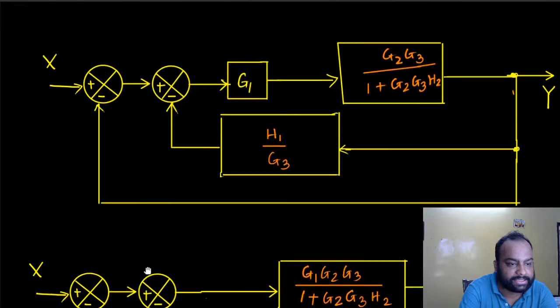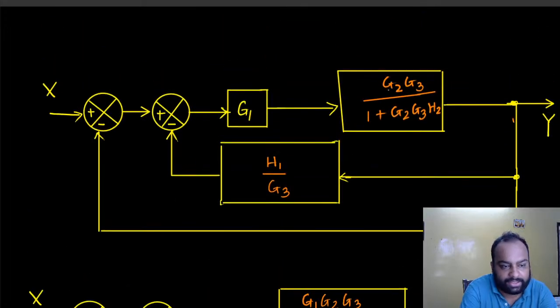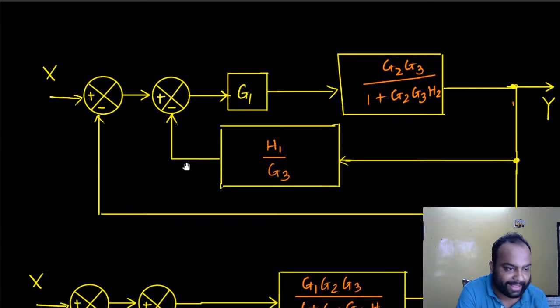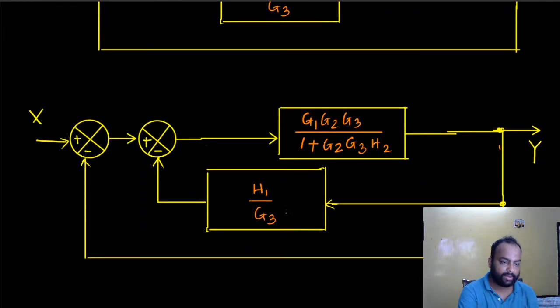So what happened is this just got multiplied with this transfer function because we have two in cascade.